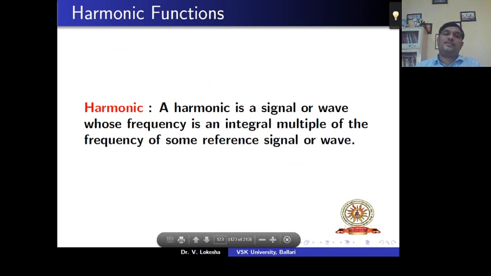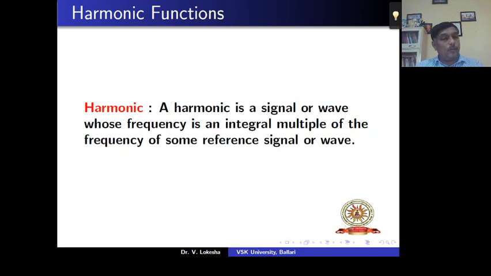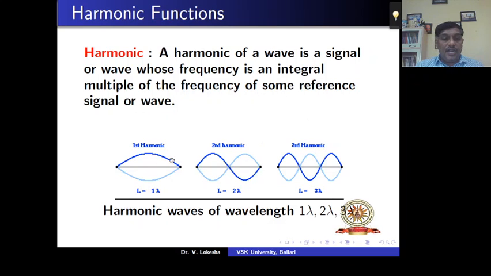Now we will discuss harmonic functions. A harmonic is a signal or a wave whose frequency is an integral multiple of the frequency of some reference signal or wave. Here you can see the first harmonic, then the second harmonic, depending on the wavelengths.